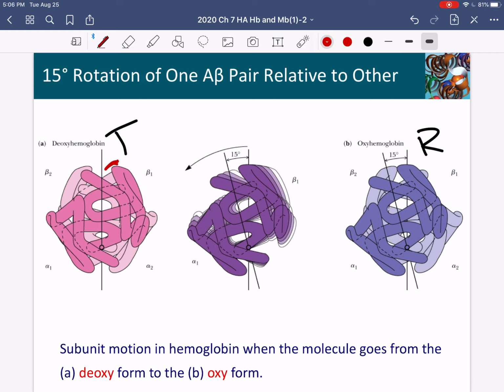This knee right here is far away from the knee of the beta 2. Beta 1 in front's knee, the dark pink knee, is far apart from beta 2's knee in the back. But look, they're touching in the R state, right? You see that? So that's the conformational change that you can see in this view of the deoxyform, or the T state, going to the oxyform, or the R state.